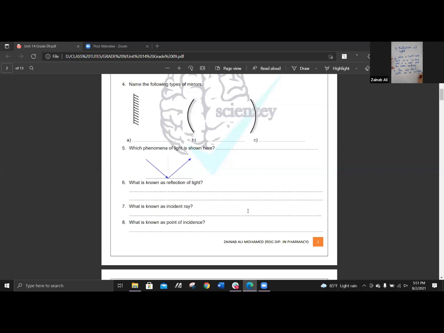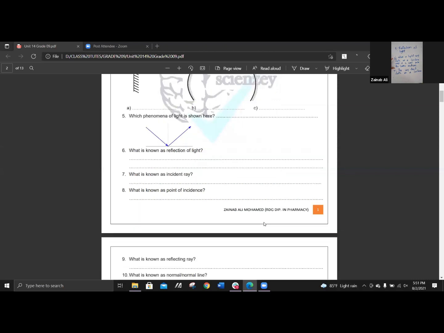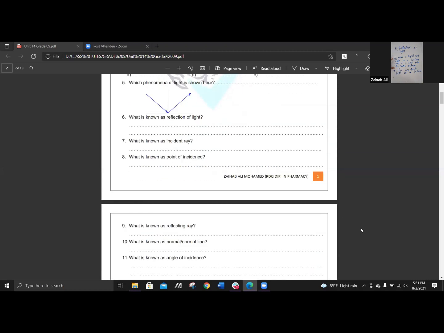The next question is, what is known as point of incidence? So let's ask someone, Rukaya Hana, can you answer, what is point of incidence? The point where the incident ray contacts with the surface, you call it the point of incidence. Very good.